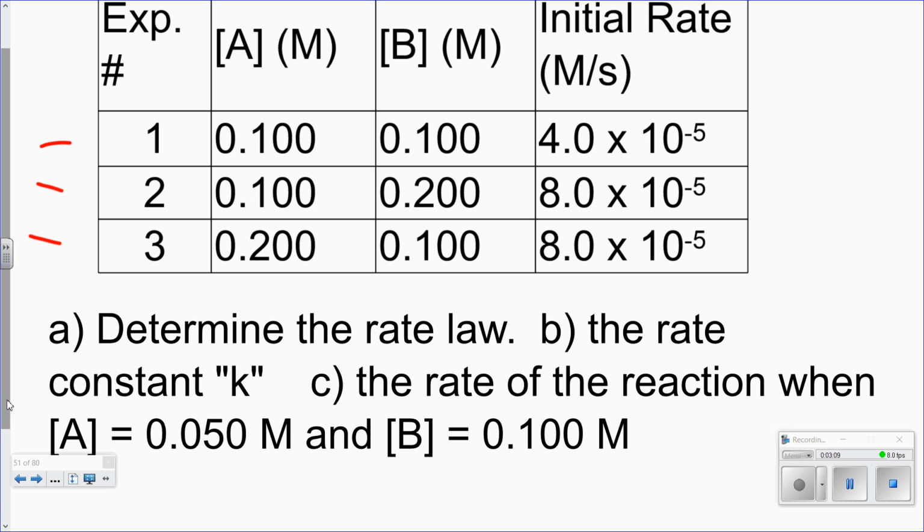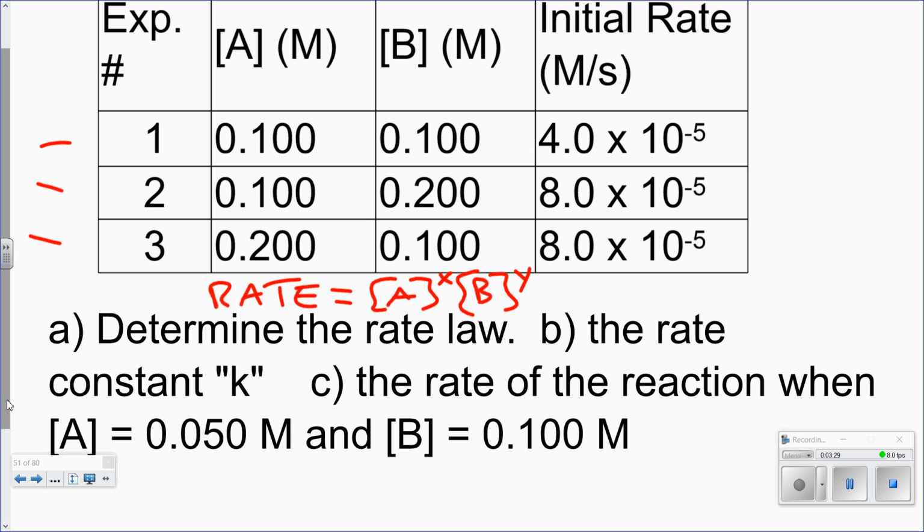Our rate law is simply rate is equal to the concentration of reactant A raised to the X times the concentration of reactant B raised to the Y. I know the last slide had M and N. I use X and Y. No big deal. You can use whatever you want.